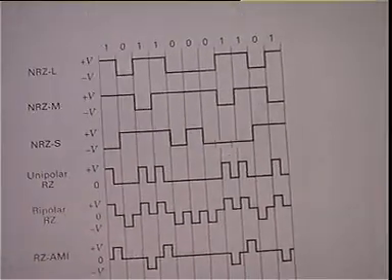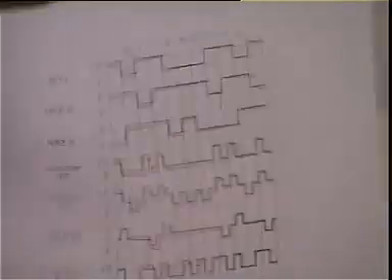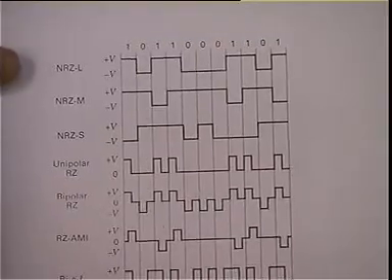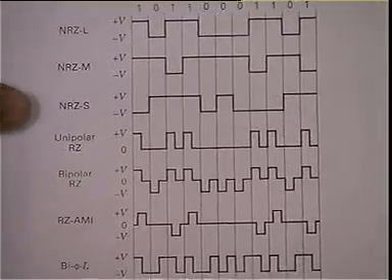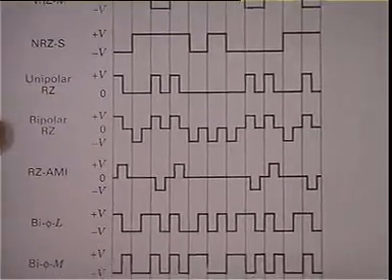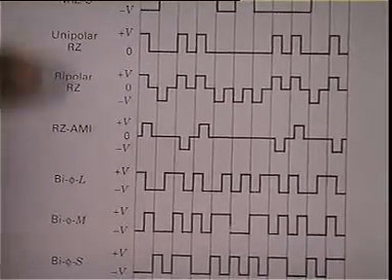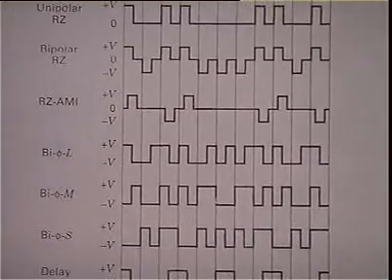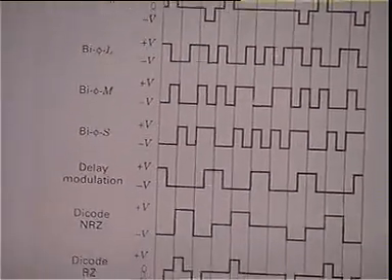Now I can transmit these zeros and ones in a number of ways. I can transmit it using NRZ-L, NRZ-M, NRZ-S. I can transmit this as unipolar RZ, bipolar RZ. I can transmit it as RZ-AMI. I'll explain to you what these abbreviations mean. Now these are the various line codes which are possible.